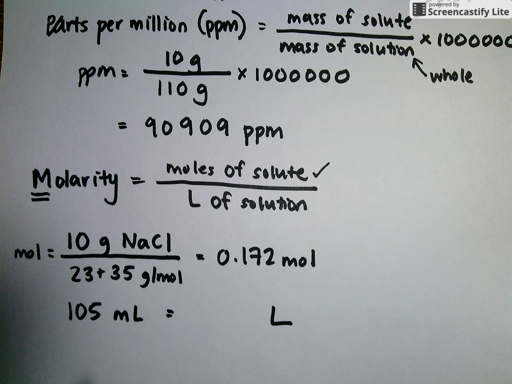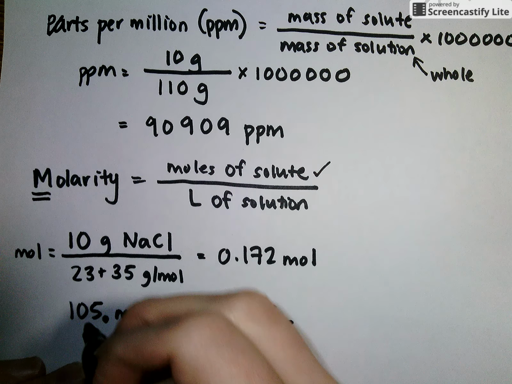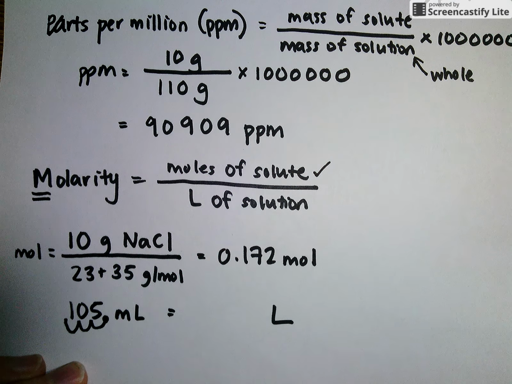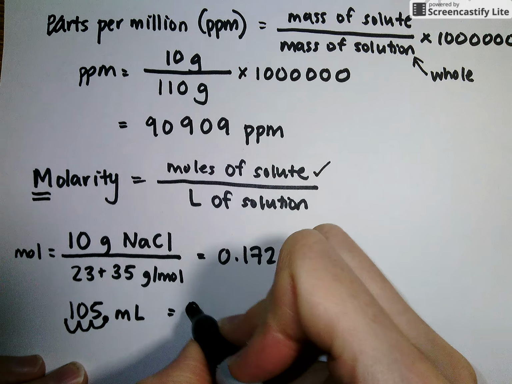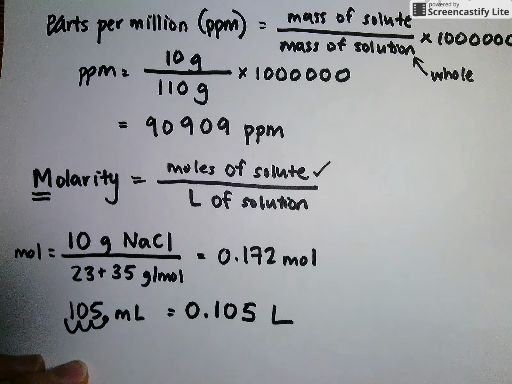And if you don't remember that, you can check out, I think it's table C on the front of your reference table, which is going to show you that milli is associated with 10 to the minus third. So what that means is we can take where our decimal point usually is and move it over 1, 2, 3 spaces to the left to make it smaller, and we'll end up with 0.105 liters.